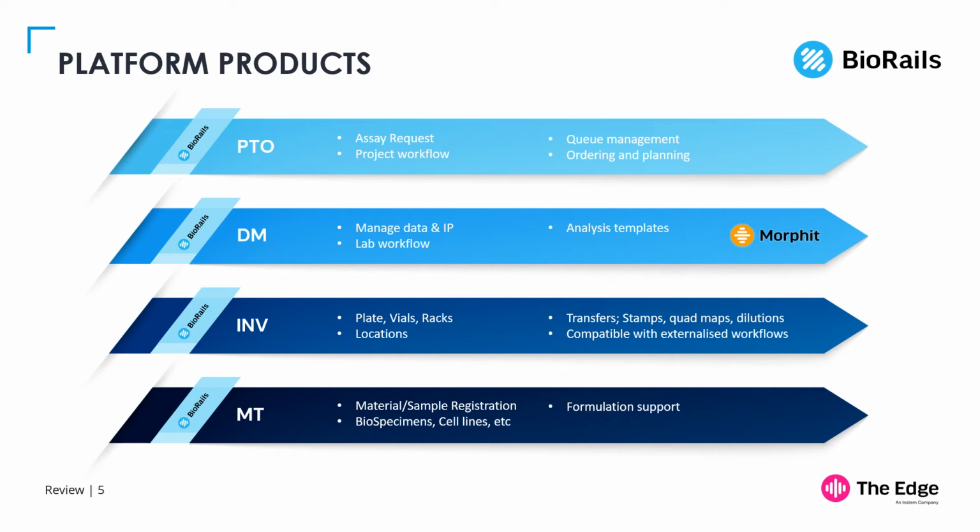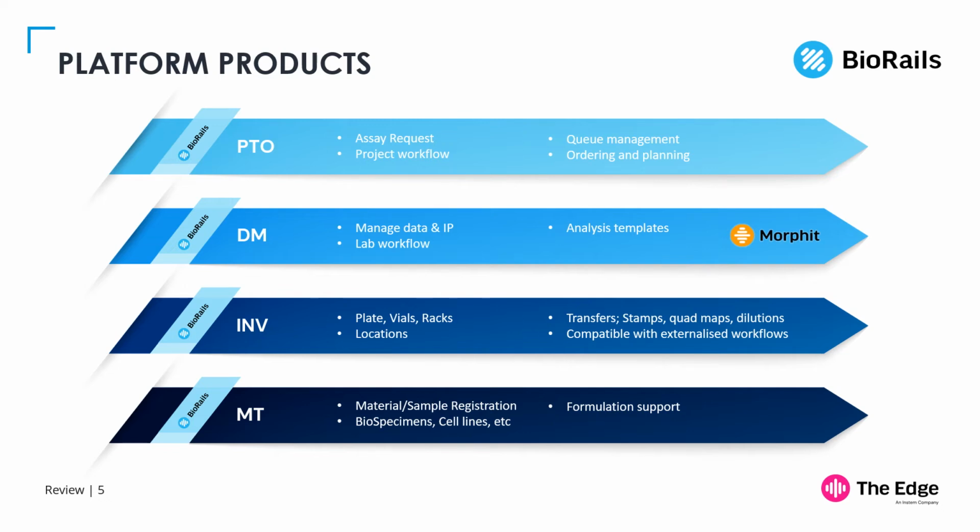The inventory and material modules are used to coordinate the supply of both consumables and test materials for the biological testing. So first of all, the materials module is used to both register or access the chemical compounds or test articles that are going to be tested to check their biological properties.